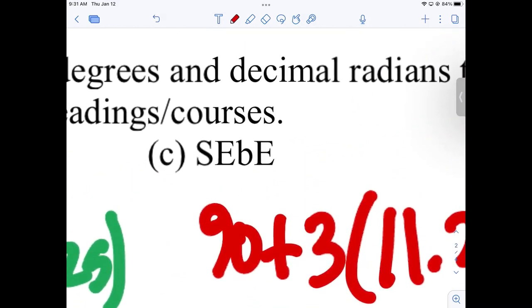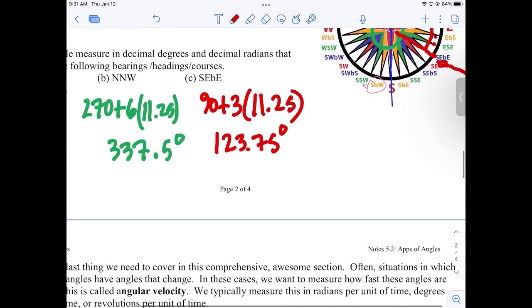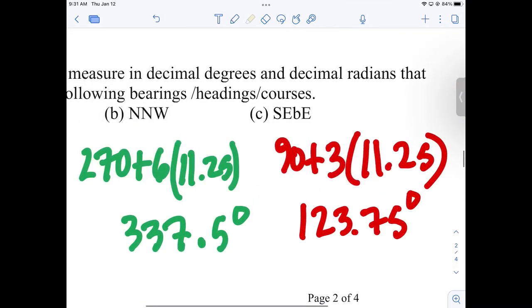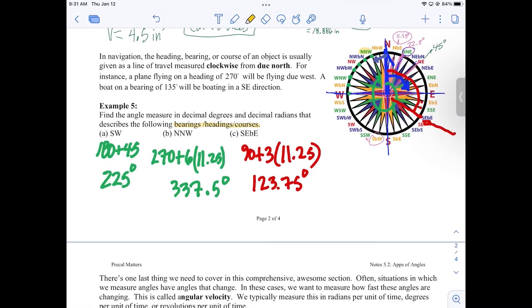Courses, I've also heard them called courses. Like I'm traveling on a course of 123.75. So a lot of different lingo in the industry. But for us, it's 123.75. Okay. All right. So I can give you some of those compass rose points and have you convert them in the future. But just another application of angles.